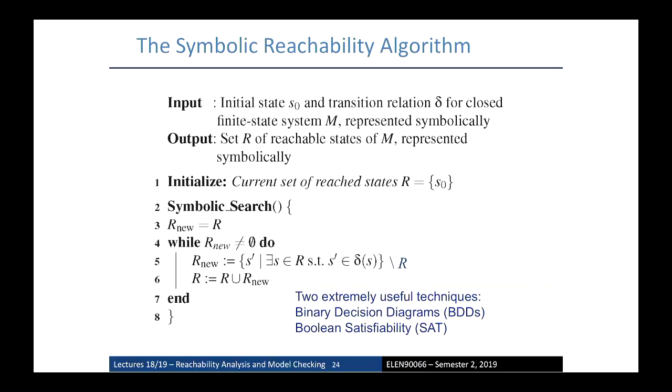I'm not going to go into details about these things because they're complex algorithms, and even then, it's not clear which one to use. They're heuristics. So the symbolic reachability algorithm is a formal way of checking the reachability of a circuit.